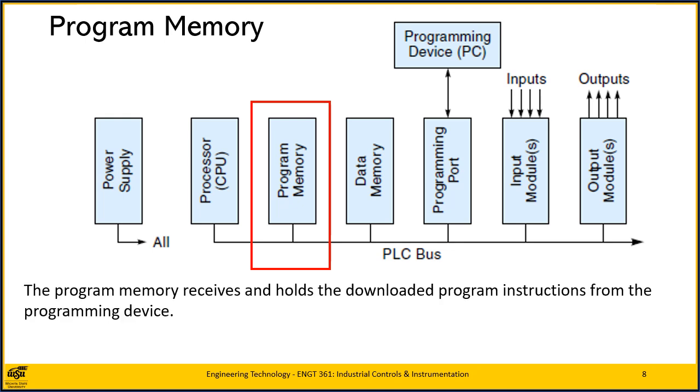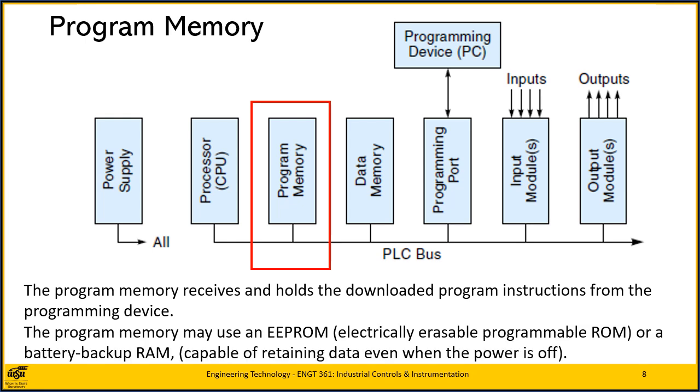The program memory receives and holds the downloaded program instructions from the programming device. If this memory is standard RAM, the program will be lost every time the power is turned off, requiring it to be reloaded.